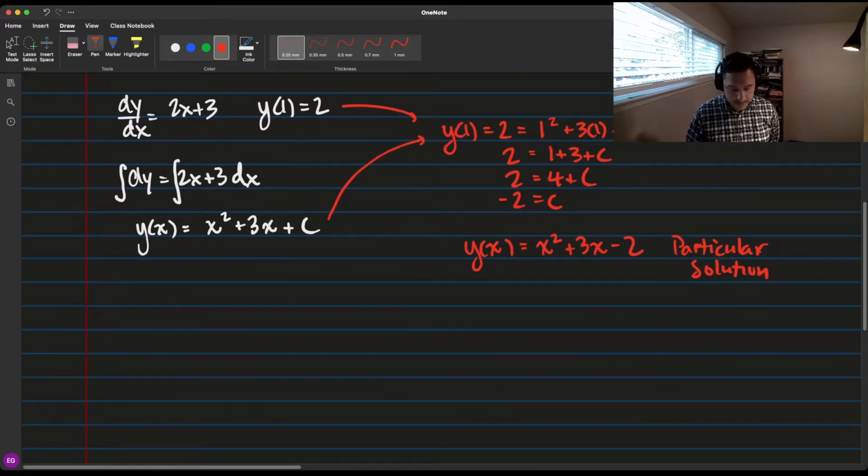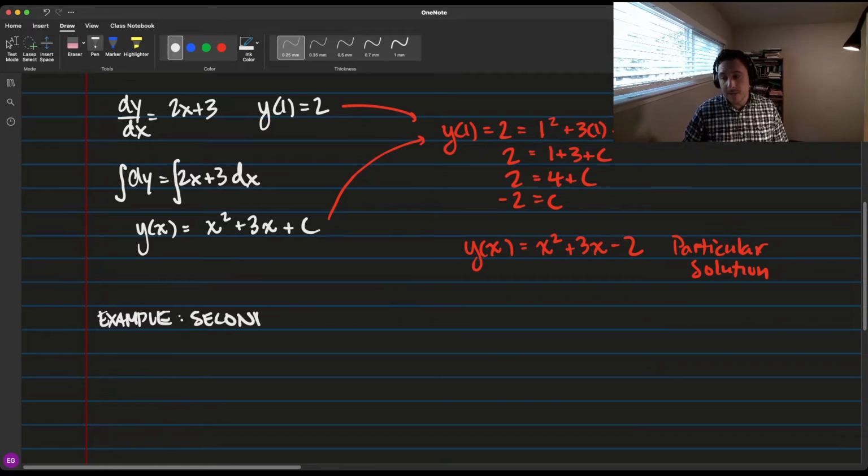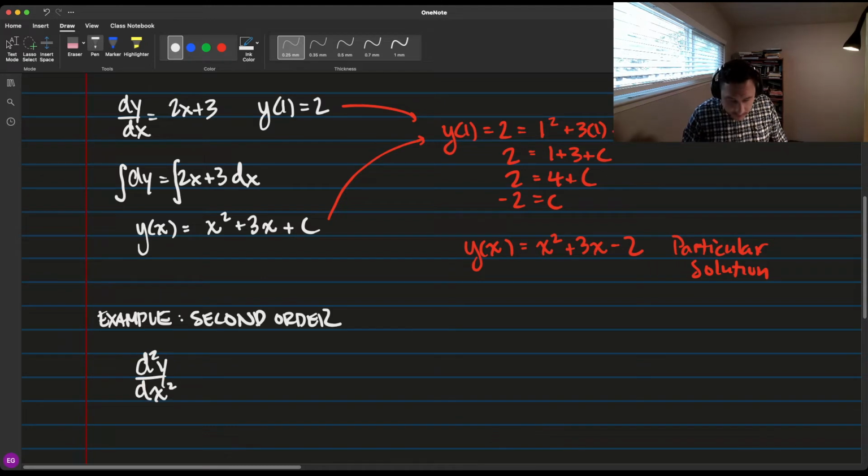Let's do a more complicated example. This will be a second order example. Remember, second order means the degree of the derivative that you're dealing with. So let's say you have the second derivative of y with respect to x equals little g of x.